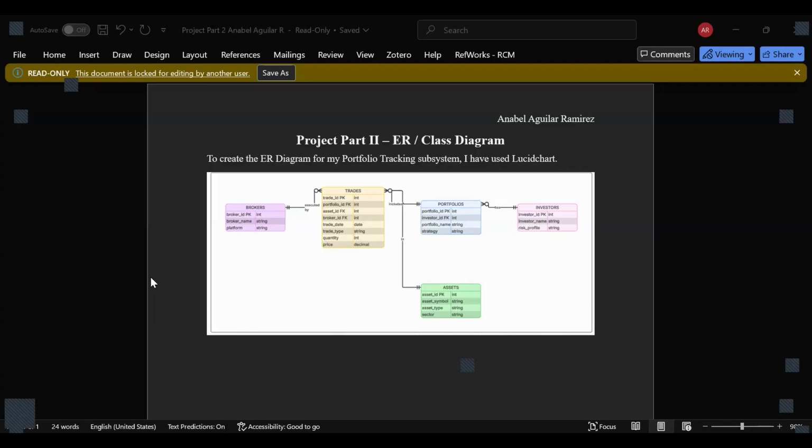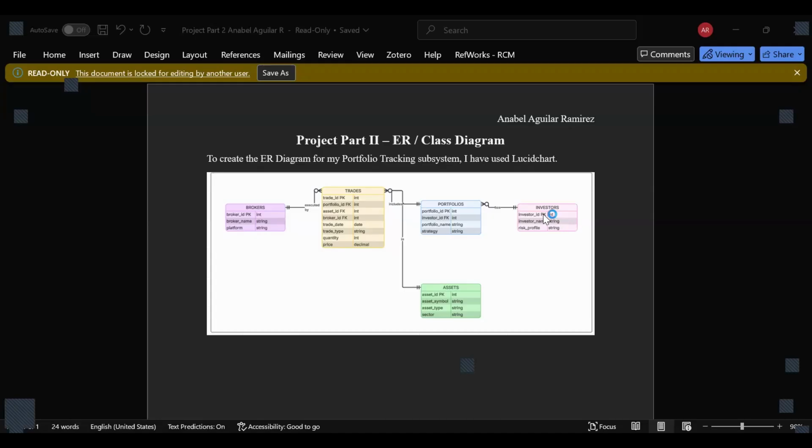The design follows relational database principles, and it ensures that each entity that we can see, each with its own table, is stored in its own table to reduce redundancy and maintain data integrity. Here we can see the investors table, which stores information about the individuals who own investment portfolios.